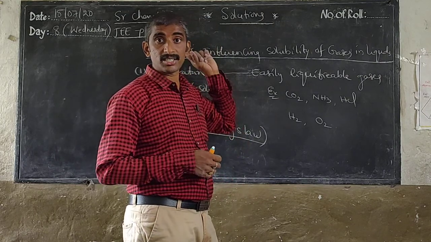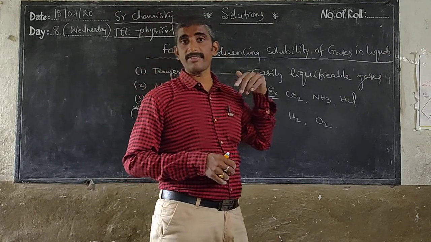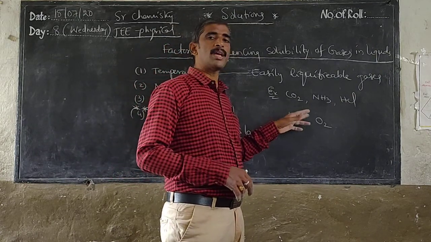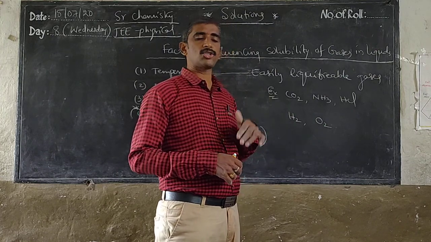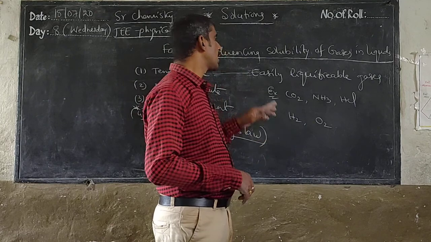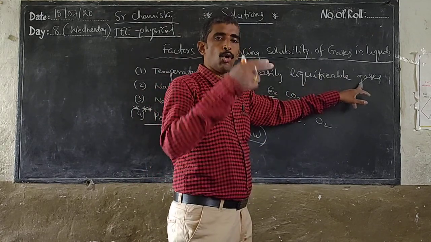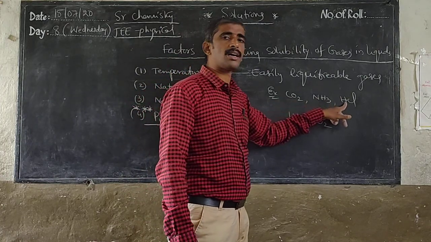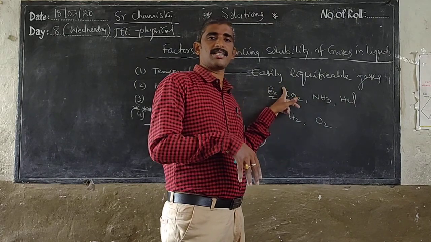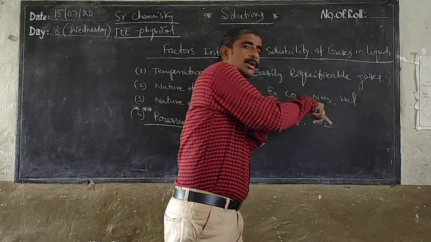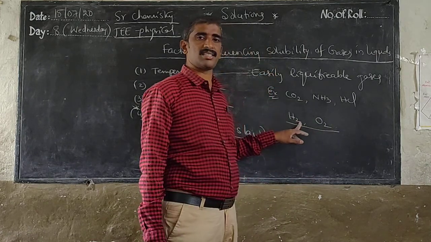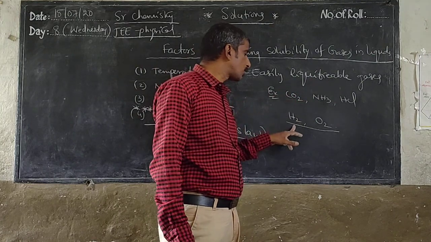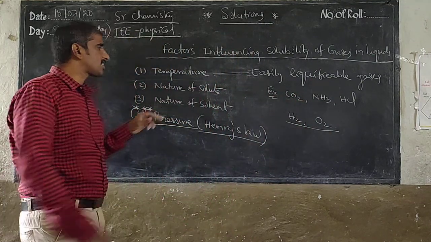The critical temperature concept is covered in first year, states of matter, Joule-Thomson effect, etc. Easily liquefiable gases are more soluble in water than other gases. CO2, NH3, HCl are easily liquefiable compared to H2 and O2. That is the nature of the solute.